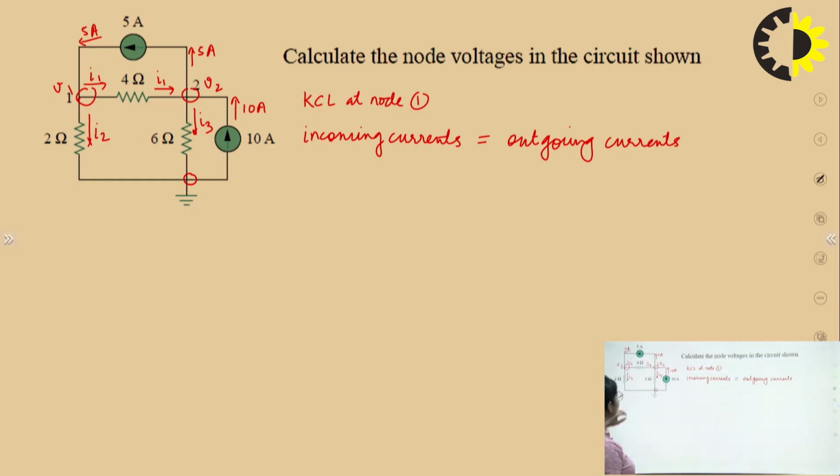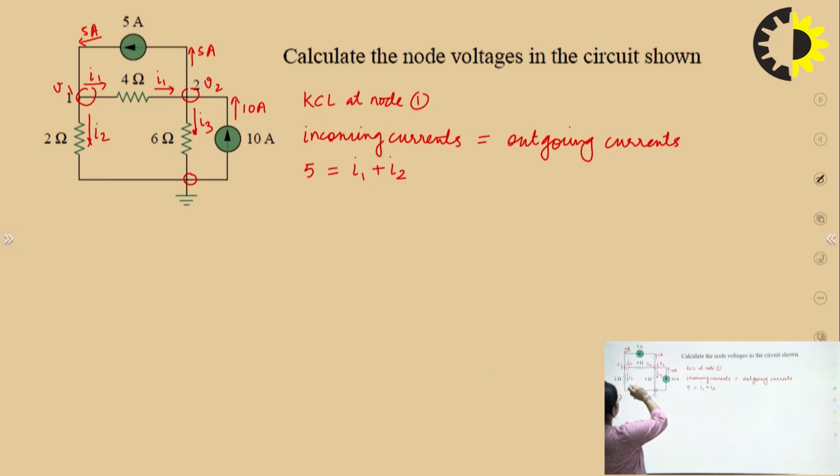So, what are incoming currents at node 1? See, I1 is outgoing current, I2 is also outgoing current, but the 5 ampere current is incoming current. So incoming current 5 ampere must be equal to outgoing current. Outgoing current is I1 and I2. So I1 plus I2 must be equal to 5 amperes.